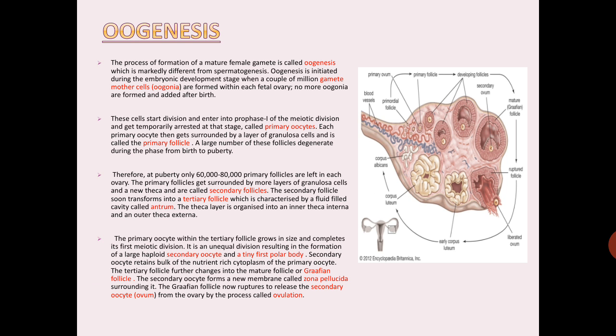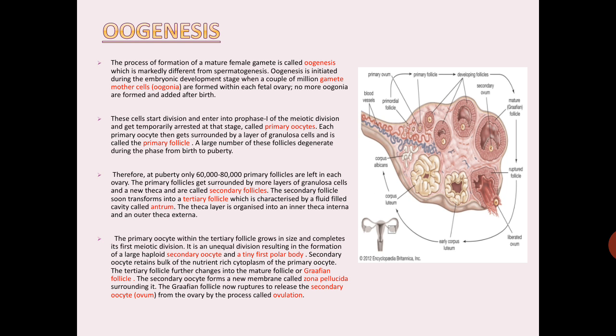Before that only, millions of oogonia are formed. These cells start division and enter into prophase 1 of meiotic division and get temporarily arrested at this stage, called primary oocytes.